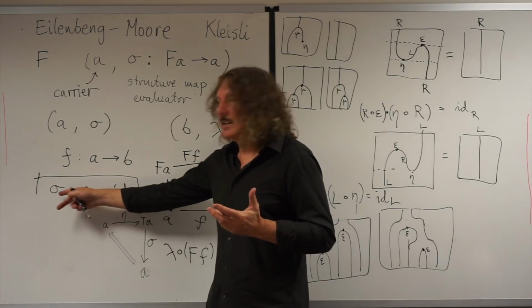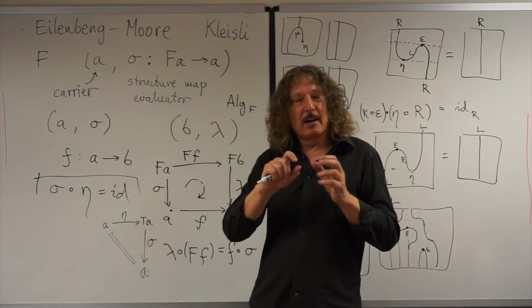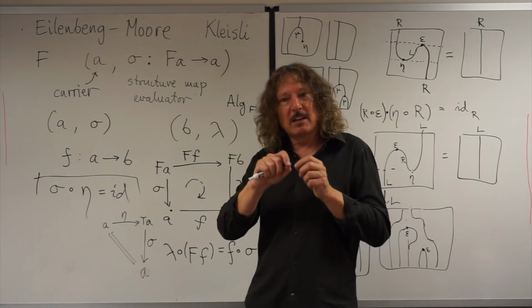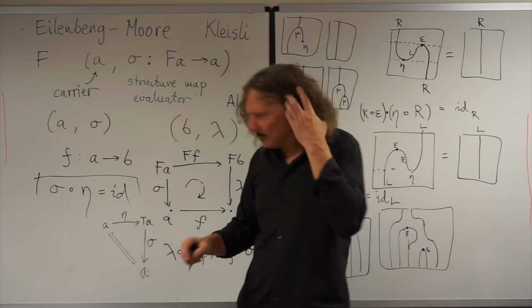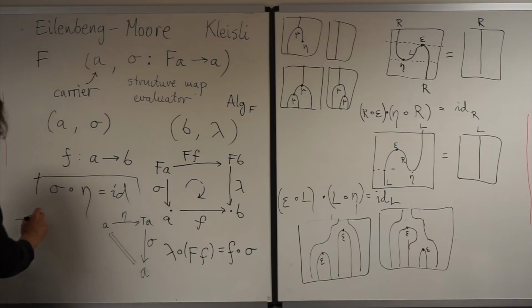Now, unit and evaluation went opposite ways. But evaluation and multiplication go the same way. But you have to start with something that has more structure. So if you take TTA, then there are two ways of evaluating TTA.